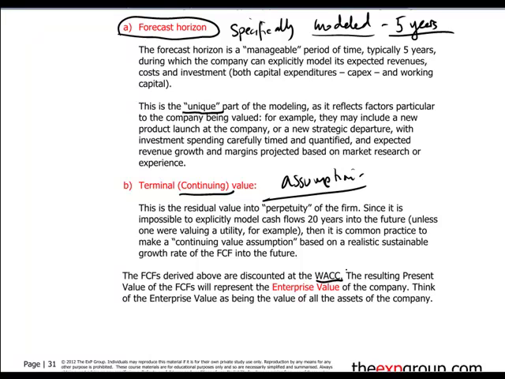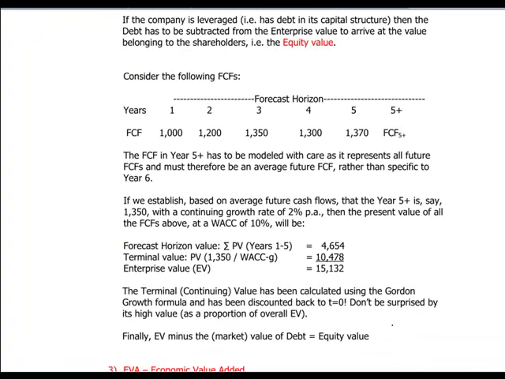And the result of discounting the free cash flows to capital by the WACC will give us what is called the enterprise value, the value of the whole company, with no distinction being made as to how much that company is financed by debt and financed by equity. So the enterprise value is kind of a gross value of the company if you want to look at it that way.